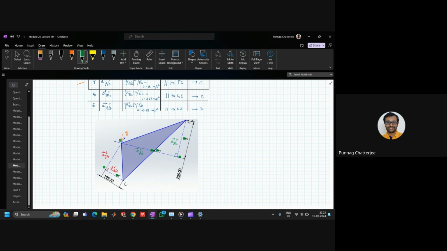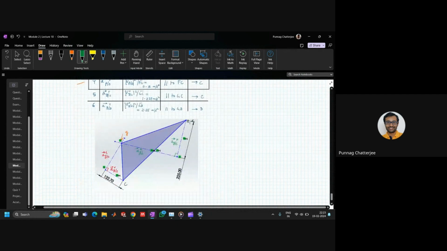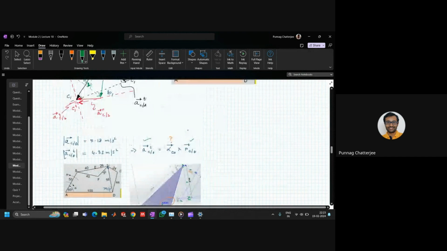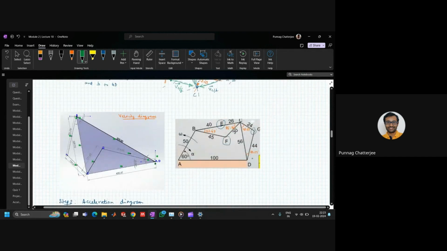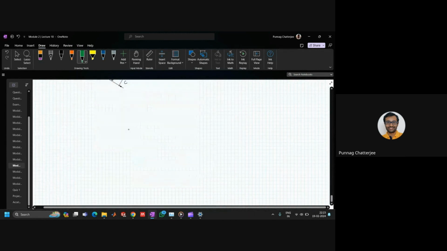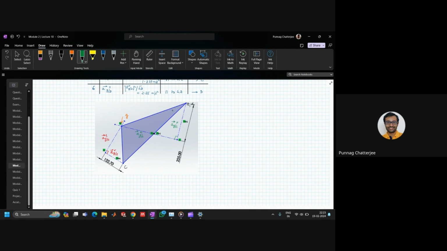Again, a good way to check for sanity is to measure GCD here. GCD is 48.63, so this should also be 48.63. And this other angle should also match the angle in the configuration diagram.